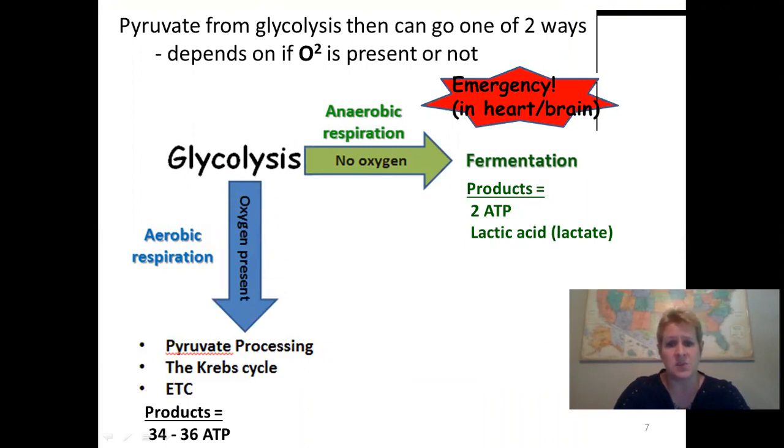If there's no oxygen present, it'll go this way. Now, if there's no oxygen present, your cells will respire in the absence of oxygen. That's called anaerobic respiration. Most of our cells can do this, but for most cells, especially heart cells, brain cells, and other tissues, if they're forced to go through anaerobic respiration, it's going to be an emergency situation.